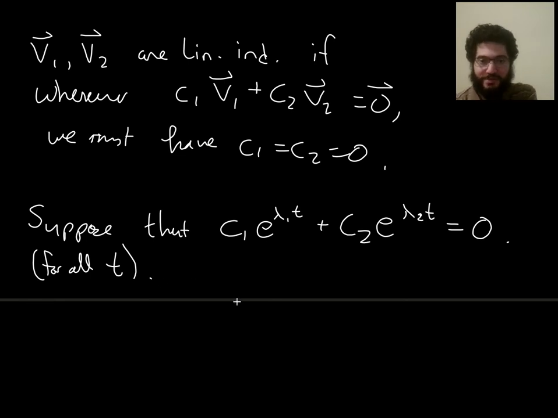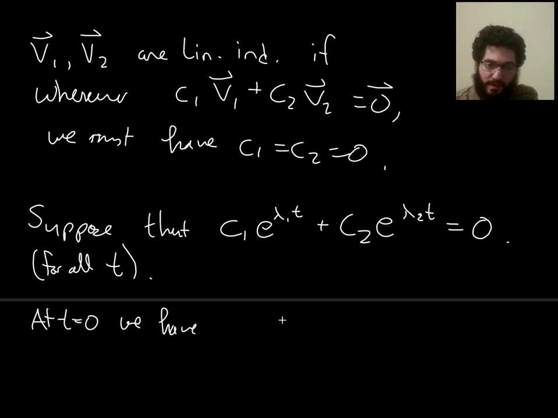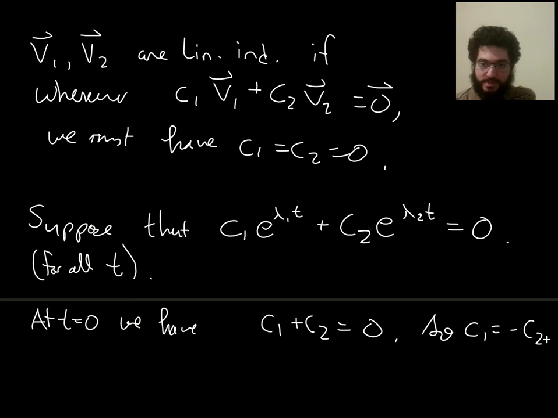Here's a way to do it. If this is really true for all t, then I can plug in any value of t that I want, and it should be true for that value of t. So I'm going to plug in t equals 0. At t equals 0, we see that c1 plus c2 equals 0. That puts a heavy restriction on c1 and c2.